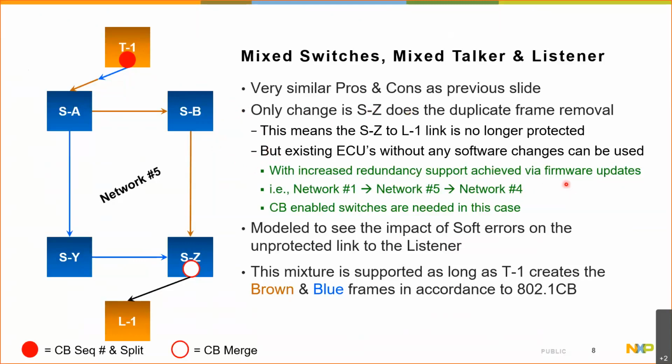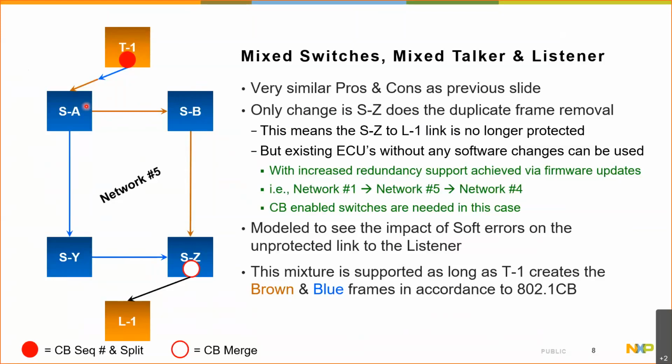You could literally start with that network 1, where this is a black wire and this is a black wire, because you don't want to change the code in the talker and the listeners. But you still have your redundant backbone with all the CB aware switches. And then with a firmware update, you could move that function to the talker, like in this diagram, and get network 5. And that gets you the protection that's better.